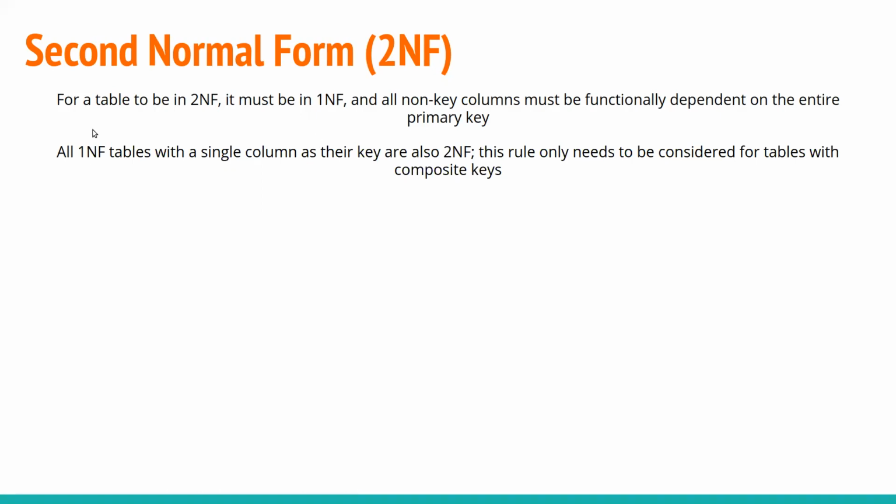So what does first normal form mean? It means that it never has multiple values in any of its columns. So any table that is in first normal form and has only a single column in its primary key is in second normal form.